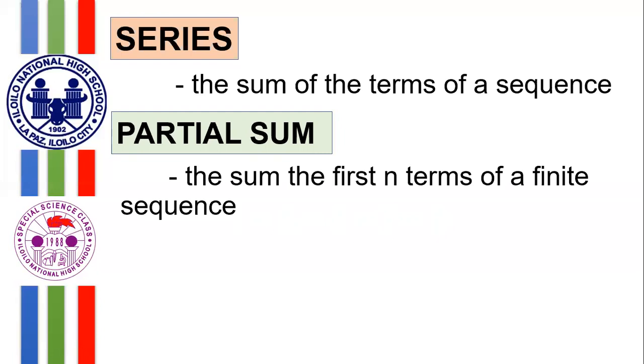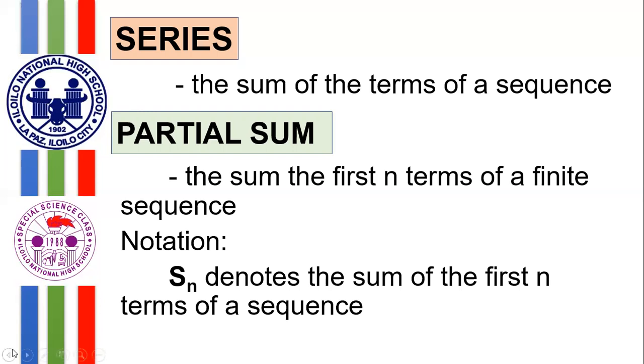Partial sum refers to the sum of the first n terms of a finite sequence. And the notation that I will be introducing to you for our class is this S sub n. S sub n denotes the sum of the first n terms of a sequence.